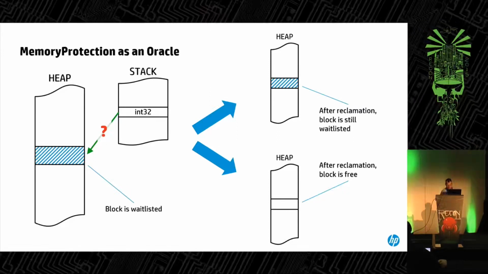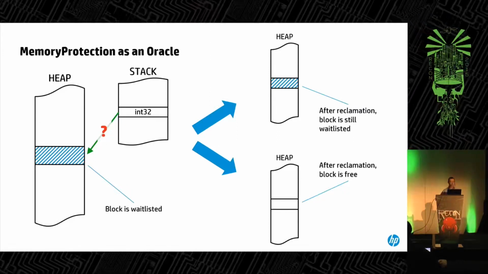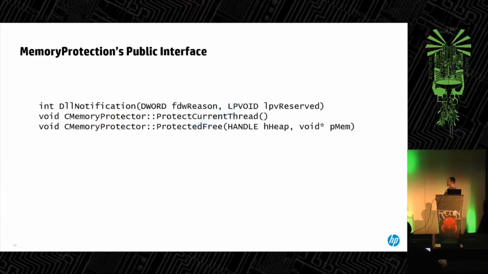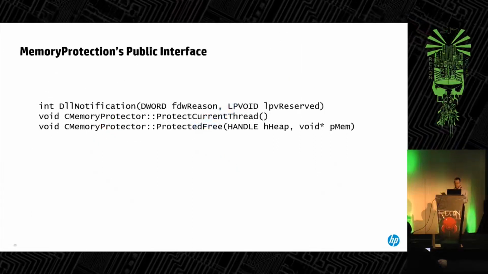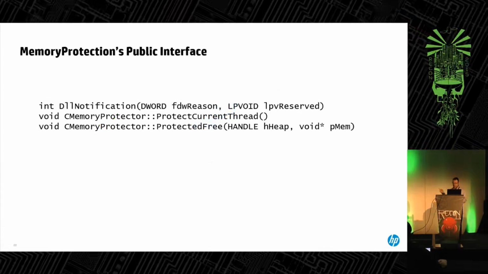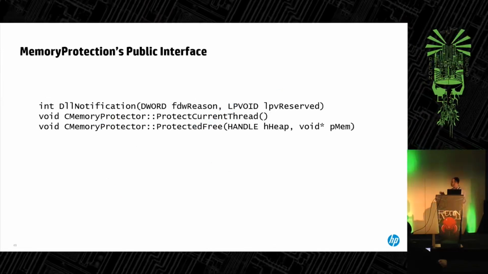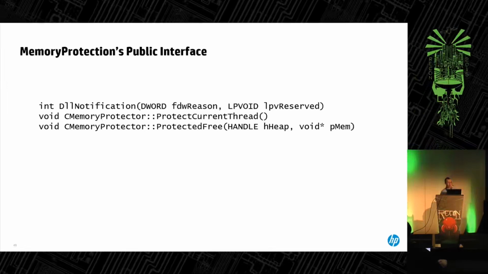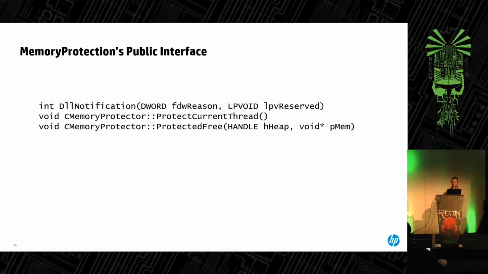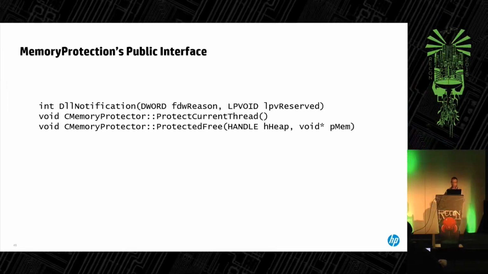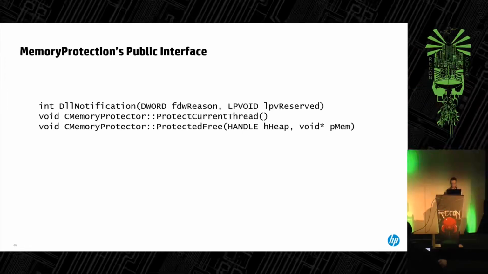Let's take a look at the programmatic contract that's exposed by memory protection. Aside from that DLL notification, which is not something that gets called during normal program operation, memory protection does not ever return even a single piece of data from any of its methods.